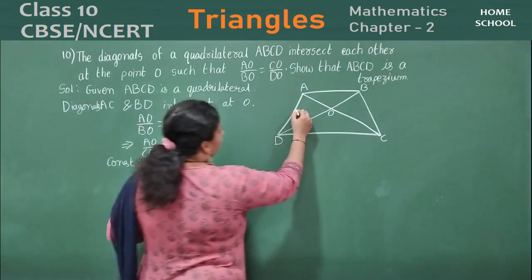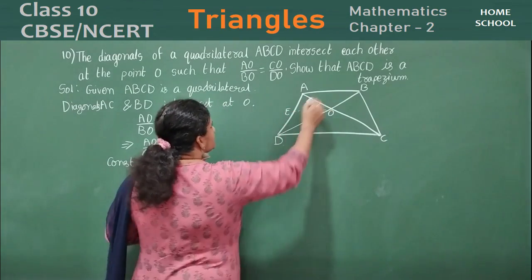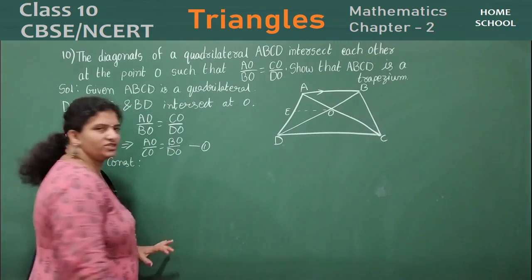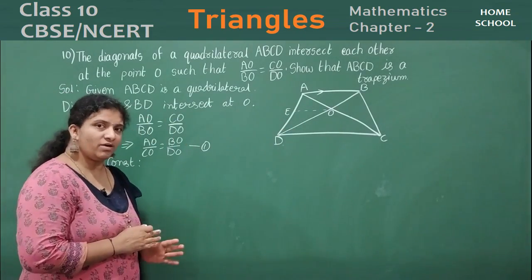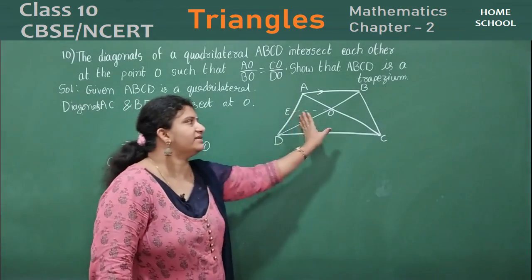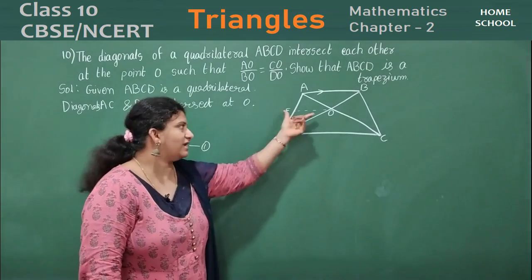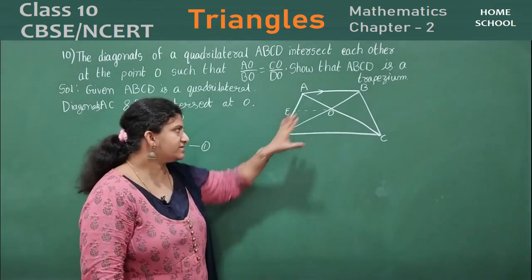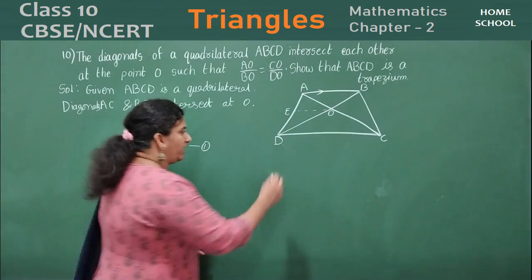So let me draw a line EO, which is parallel to any one side, children. You can take any one side of a triangle. In your last problem, we took this triangle and this triangle. So for any triangle, you can take this line. Which triangle do you want to consider? So let's consider ADC.